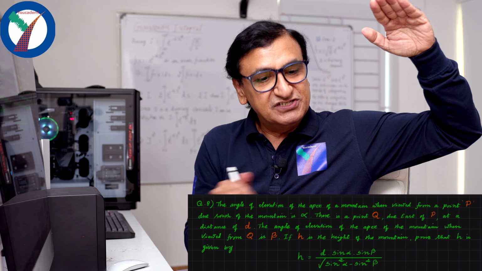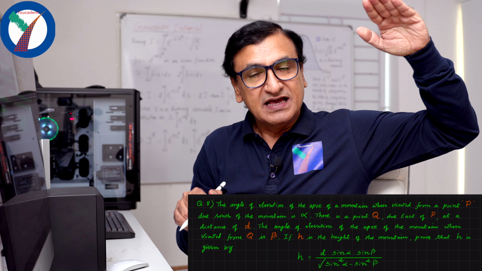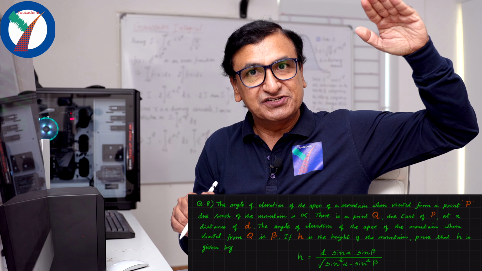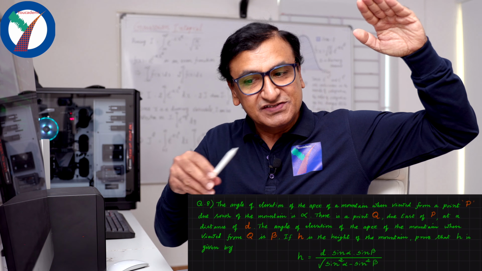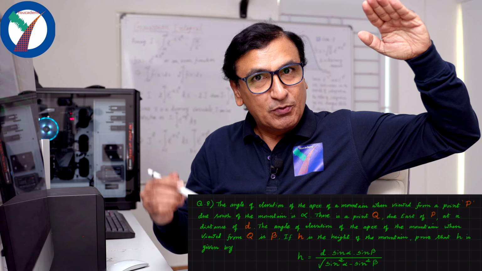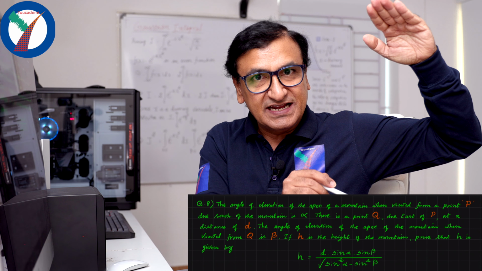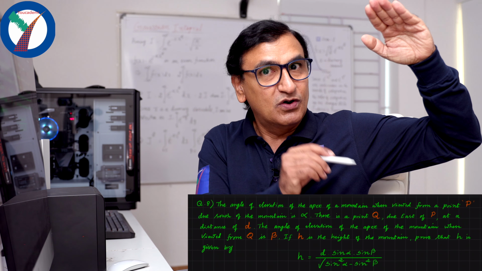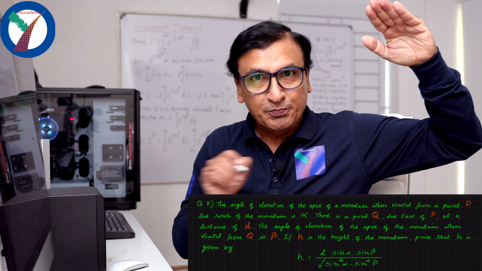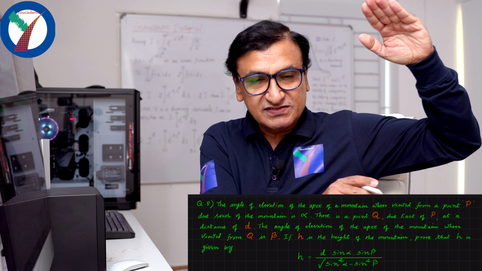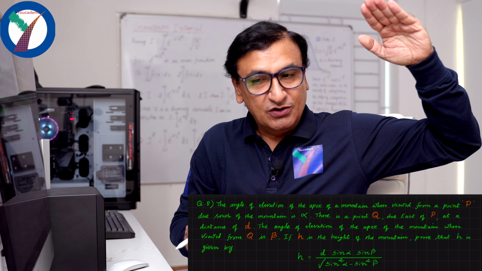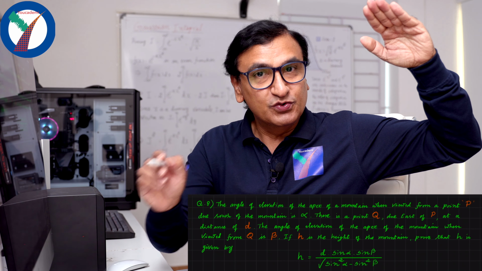There is a point P which is due south of the mountain and the angle of elevation when viewed from P is alpha. There is a point Q. The point Q is due east of P. Therefore, the line from the base of the mountain, let me call base of the mountain as O, OPQ will be a right angle because OP is due south and PQ is due east.